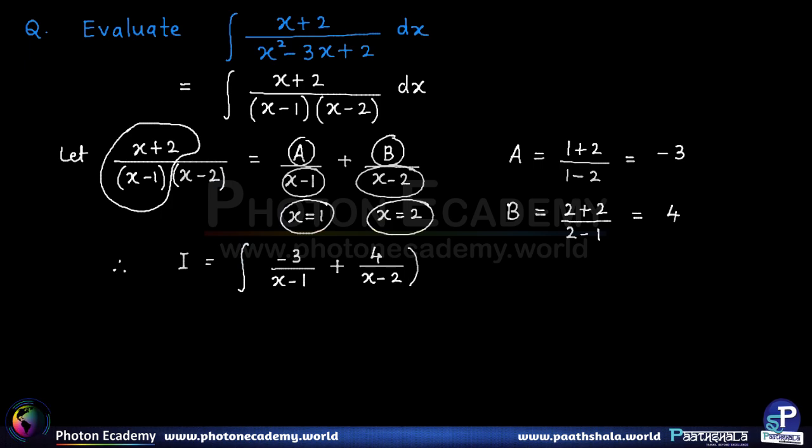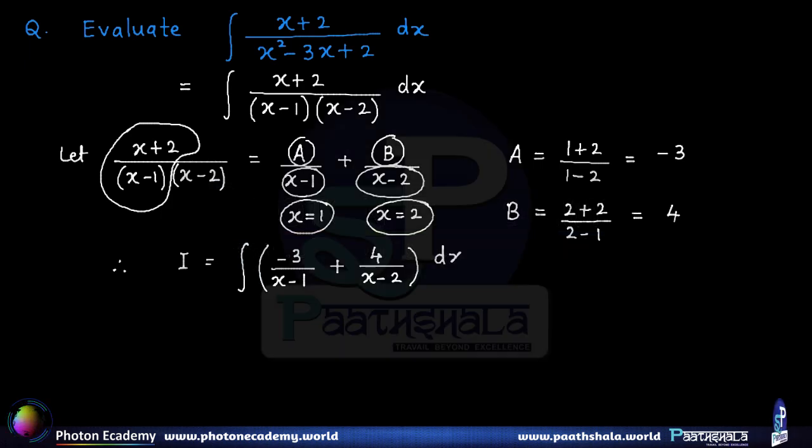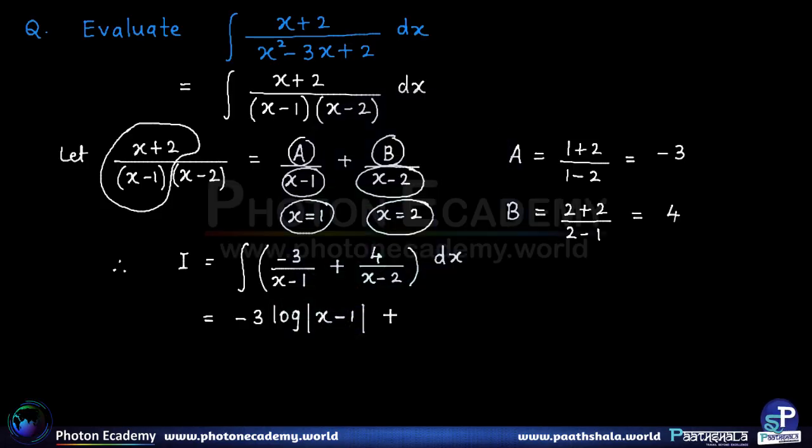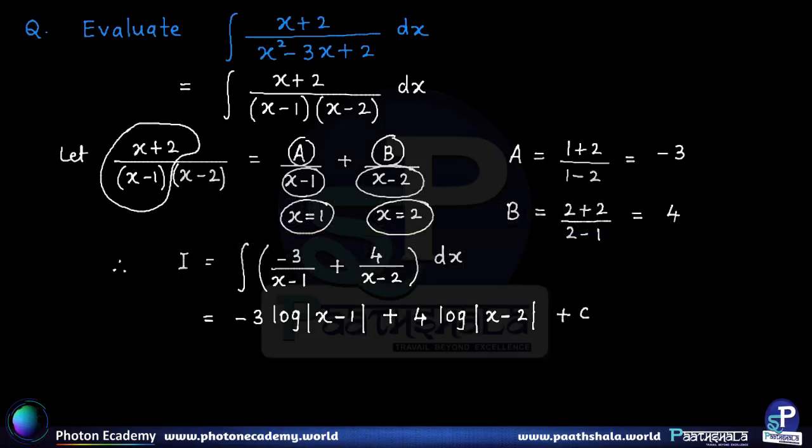So basically we have to integrate these two terms, and these are simple direct integrals, that is minus 3 into integral of 1 upon x minus 1 is log of x minus 1, plus 4 into, now integral of 1 upon x minus 2 is once again the log term, that is log of x minus 2, plus C. So this is the way we evaluate the integral using partial fractions for the first case, that is linear and non-repeated factors.